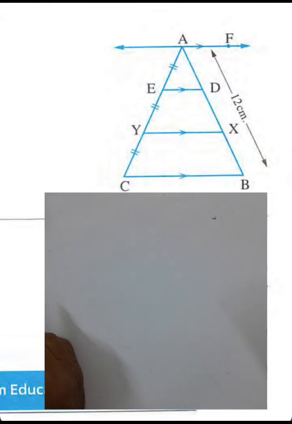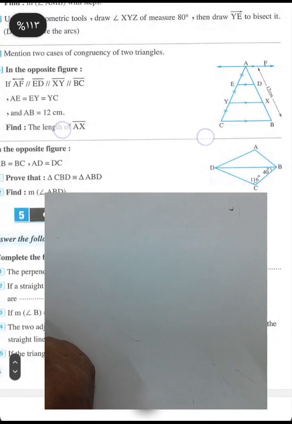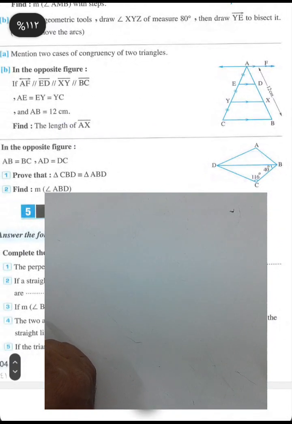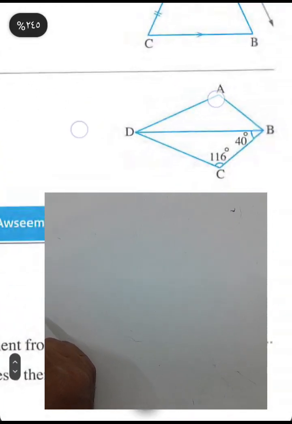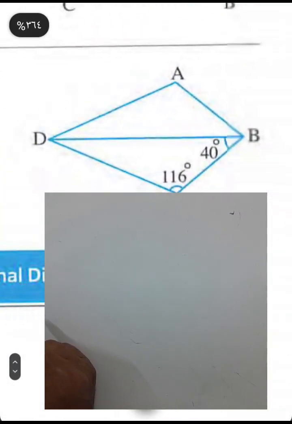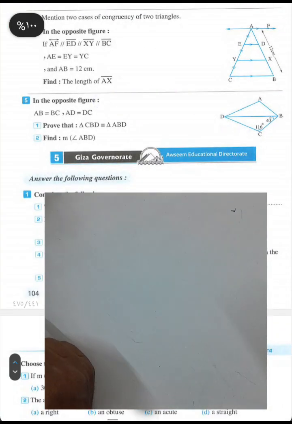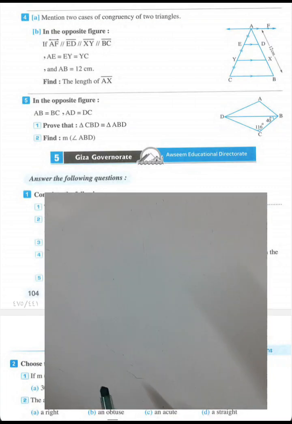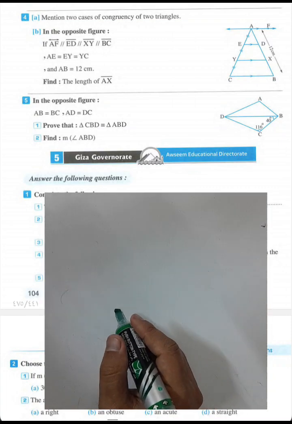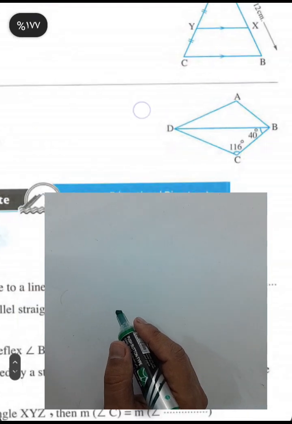Understood? Next question. Here we have two congruent triangles. Prove that the two triangles are congruent. To prove congruence between two triangles, look with me at what they give us in the example: two pairs of sides of equal lengths and a common side between them. Then the two triangles are congruent because we have three sides equal between the two triangles. It's the third condition.